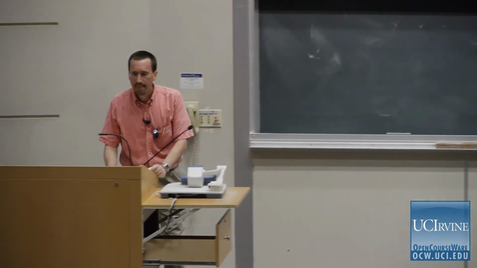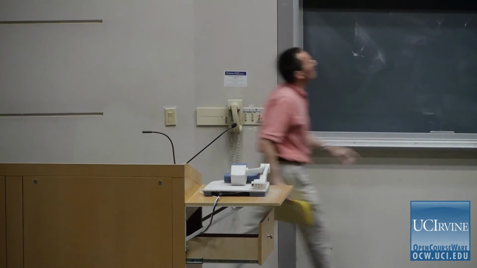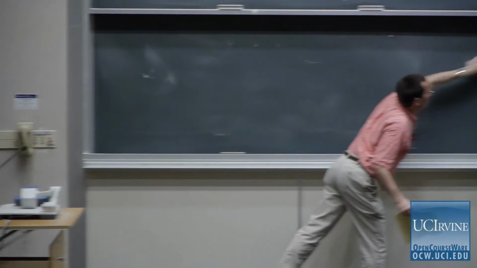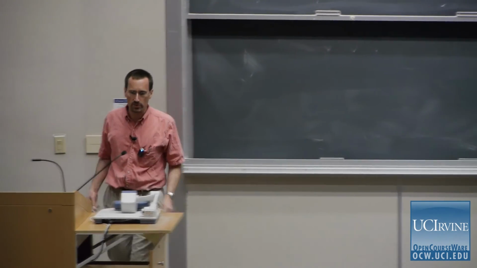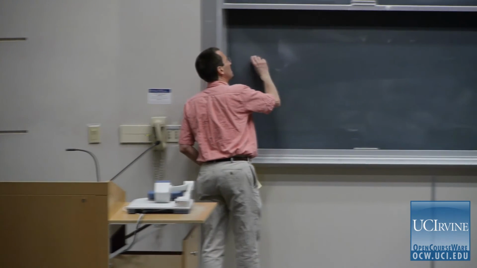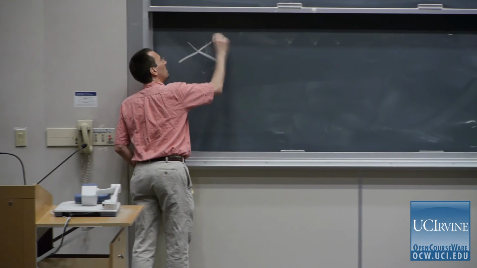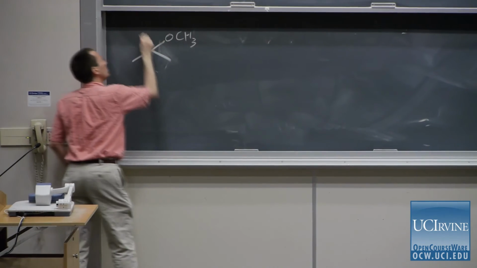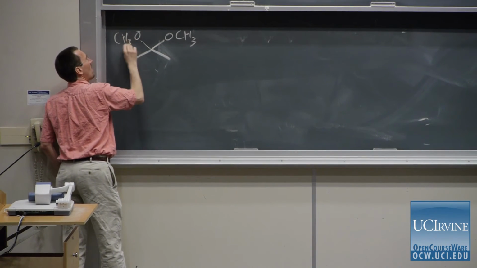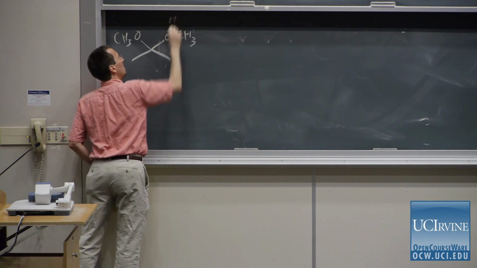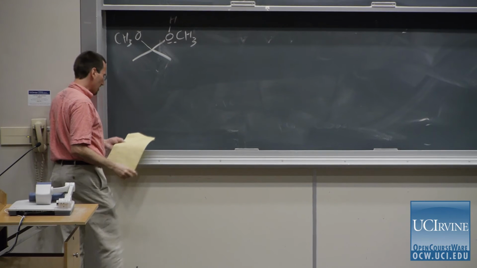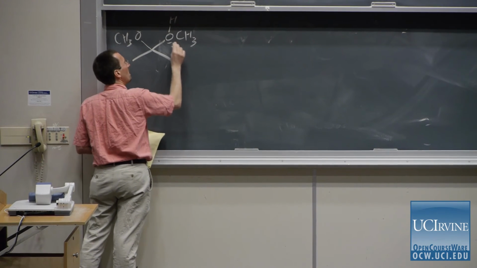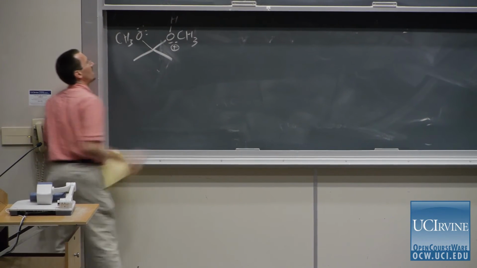Now, at this point, I expect you to be able to think your way through the mechanism. It's a good exercise. You should do it yourself. I'm going to give you the gist of it in shorthand. The gist of the mechanism involves protonation. I'm just going to draw out a series of intermediates here, maybe with a few lone pairs to help us keep track of things.